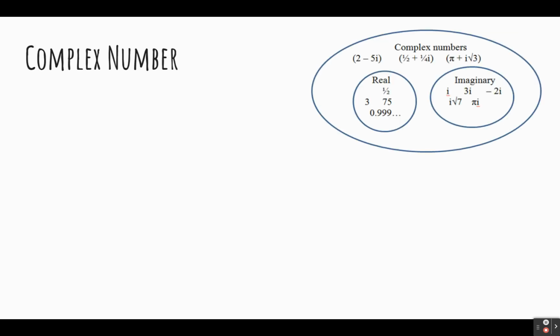Let's now talk about complex numbers. Complex numbers are in the form a plus bi, where a is our real part and bi is the imaginary part. Let's look at some examples of correct complex numbers. 3 plus 4i, that is a complex number, where 3 is the real part and 4i is the imaginary.